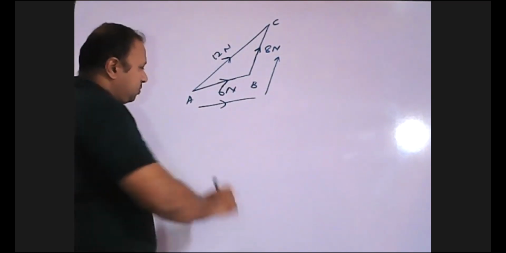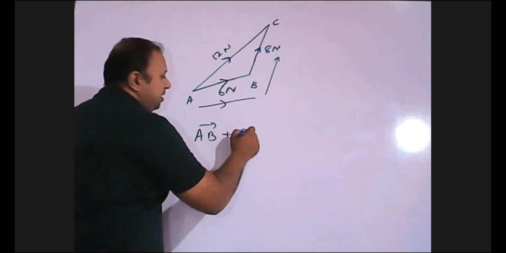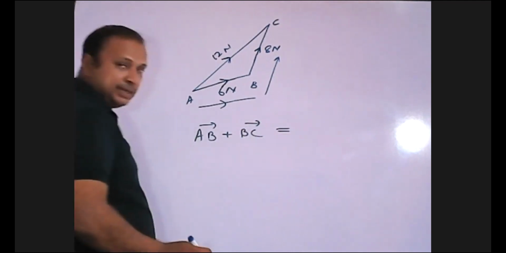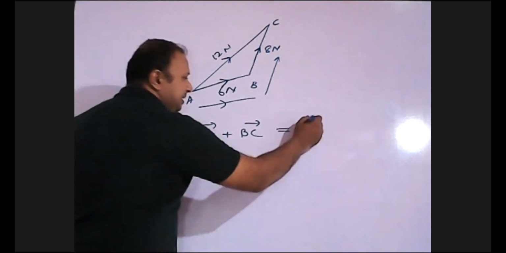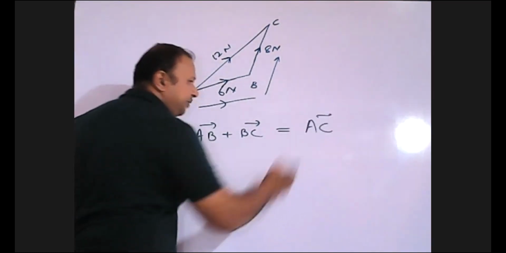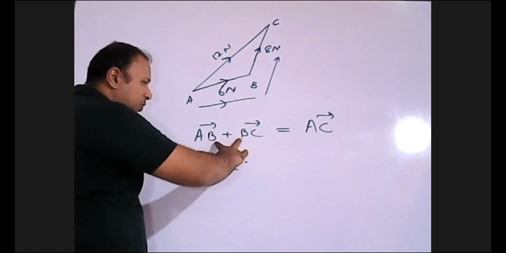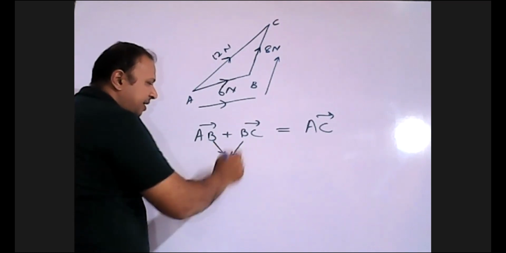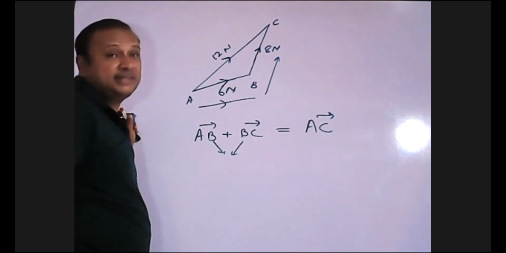If I add those two, that means AB plus BC, the answer is the AC vector. If I add these two, you can clearly see these two points are equal, that means they coincide.